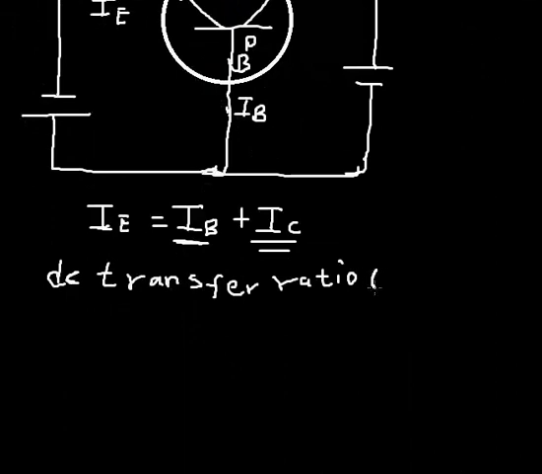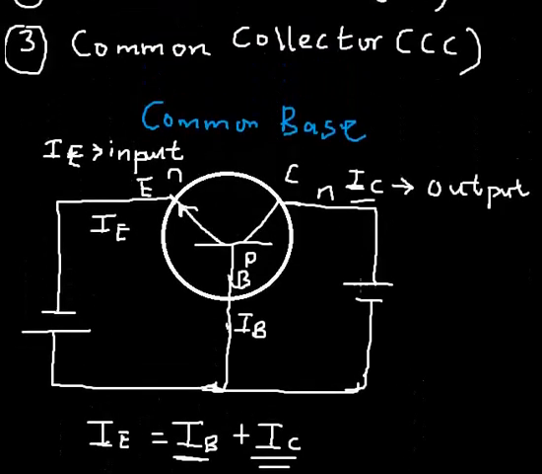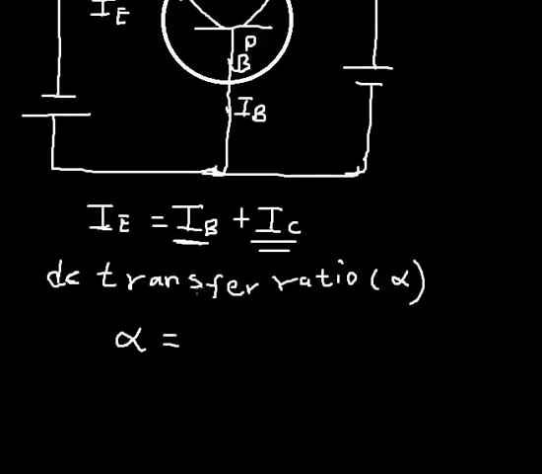We use the symbol alpha to represent it. What is transfer ratio? The direct current transfer ratio is the ratio of the output current to the input current. The output current in a common base is the collector current, while the input current is the emitter current. So the transfer ratio is equal to the output collector current divided by the input emitter current. Please take note of this.